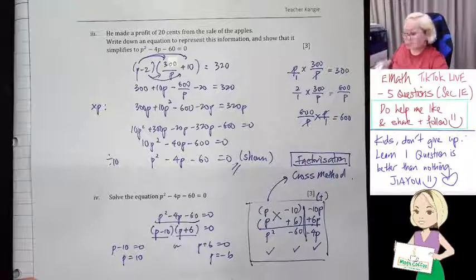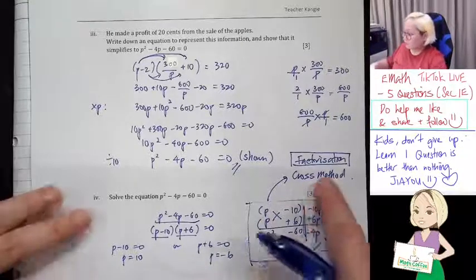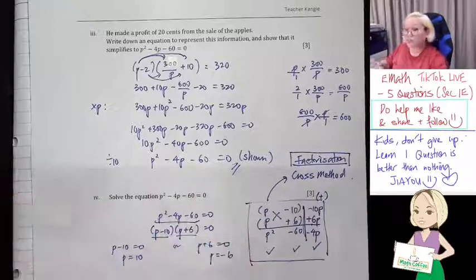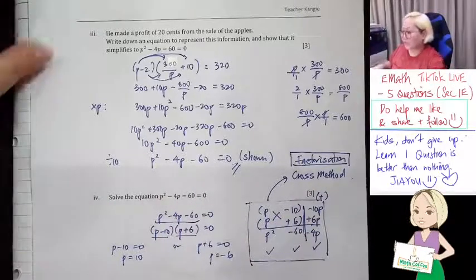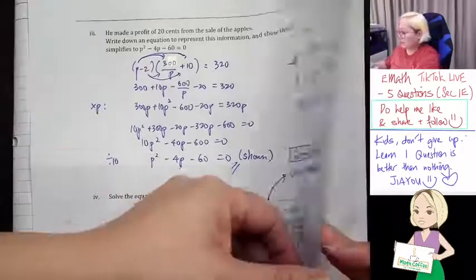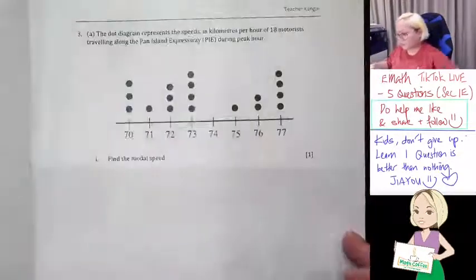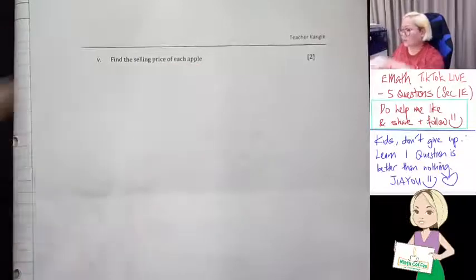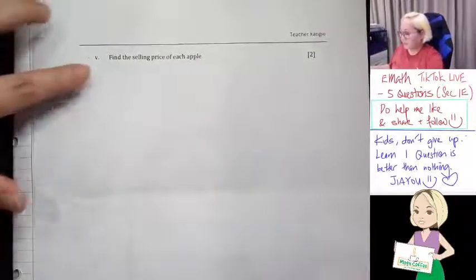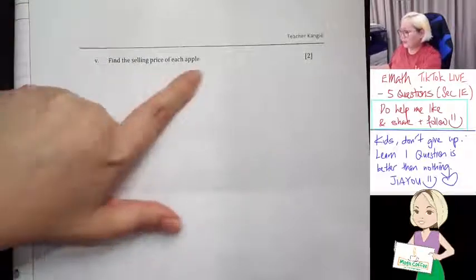Okay, so take note, don't reject here because if you look at the question, they only ask you to solve the equation. They never ask you to use the P. So take note, kids, you do not reject here. You only reject it at the next part, which is this part. They ask you to find the selling price of each apple.